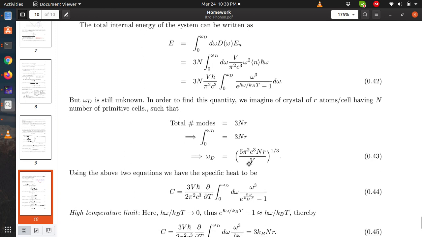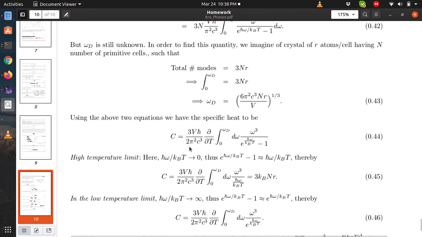Now, if we go back to equation number 0.41, we know that the specific heat is just the temperature derivative of E, and you'll find that C will become something like this. Up to here is fine.